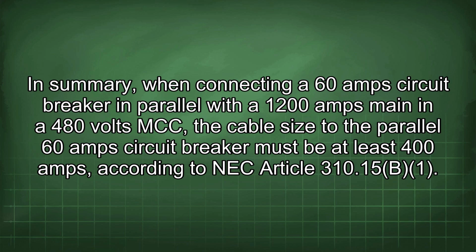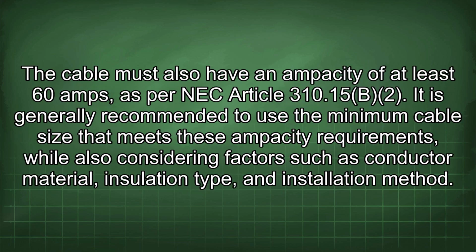In summary, when connecting a 60 amp circuit breaker in parallel with a 1200 amps main in a 480 volts MCC, the cable size to the parallel 60 amp circuit breaker must be at least 400 amps according to NEC Article 310.15(B)(1). The cable must also have an ampacity of at least 60 amps, as per NEC Article 310.15(B)(2).